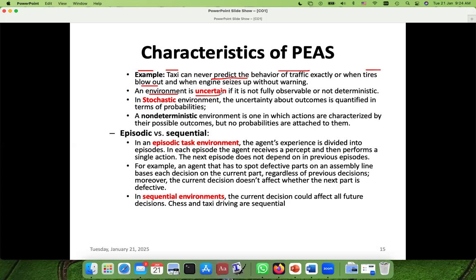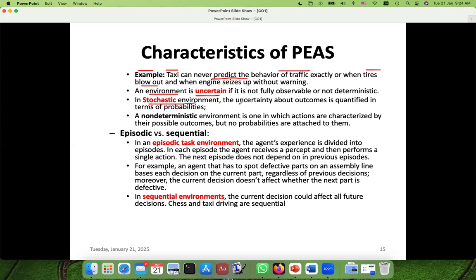Then in this situation, you can calculate those next states through probability values when there is uncertainty. So this type of environment would be called a stochastic environment.